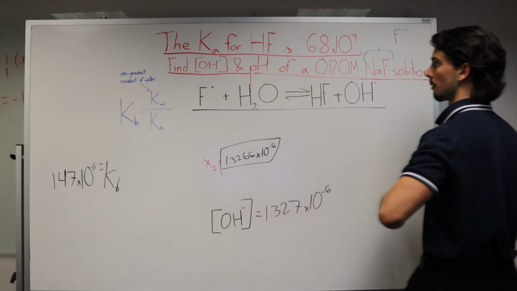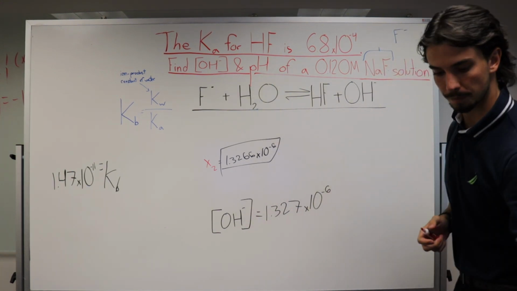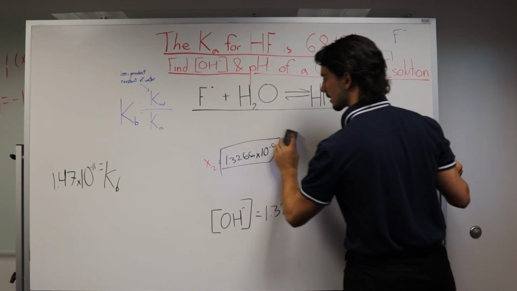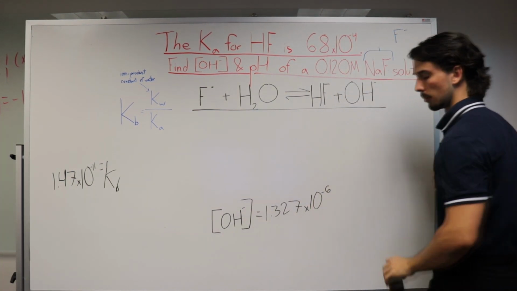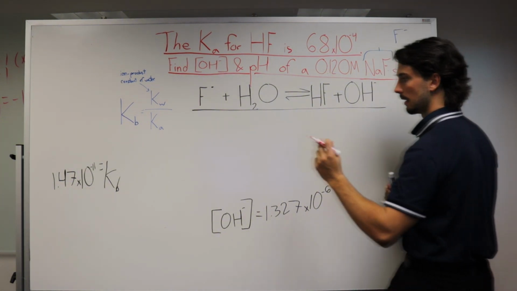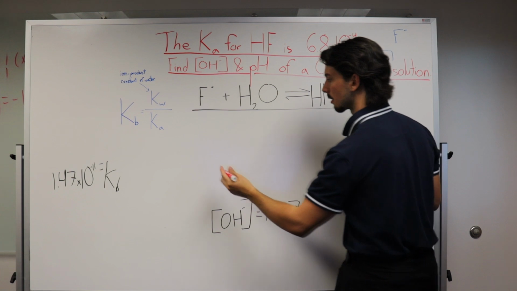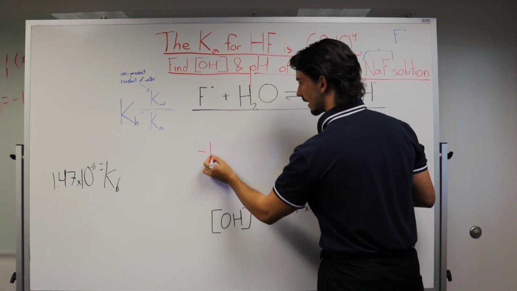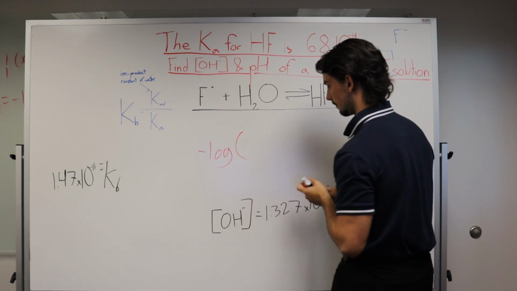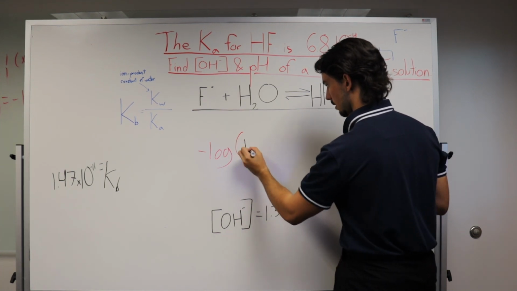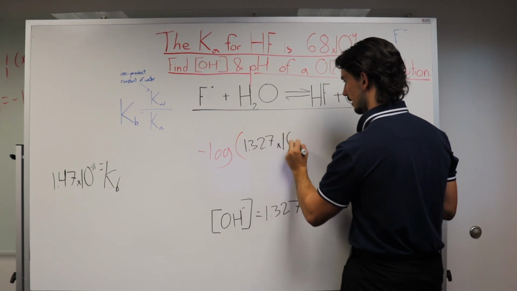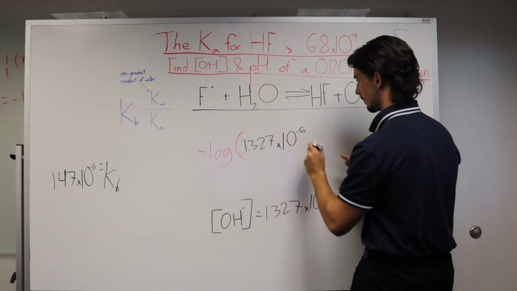We're still looking for the pH. So how do we get to pH if we have the concentration of hydroxide? Well, the first thing that we can do is find the pOH. And the pOH, remember, the P meaning negative log. So we'll take the negative log of our hydroxide concentration, which is 1.327 times 10 to the negative 6.